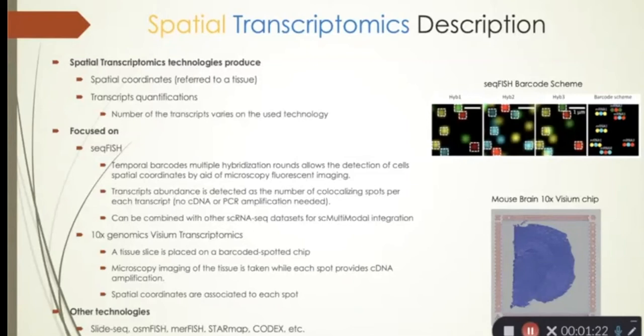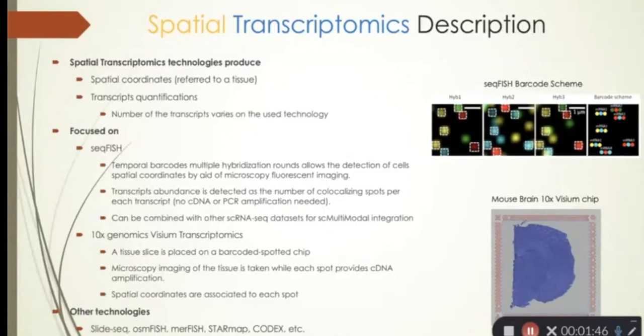Of course, the number of transcripts varies depending on the technology used. We focused on just two technologies at the moment, the seqFISH data and the 10x Genomics Visium transcriptomics, but there are several others, and some others are coming out.